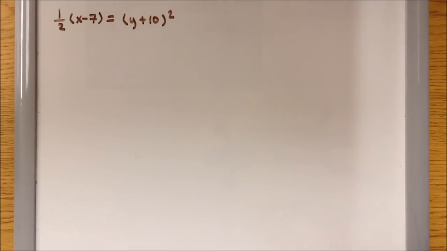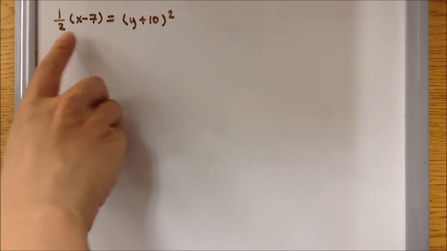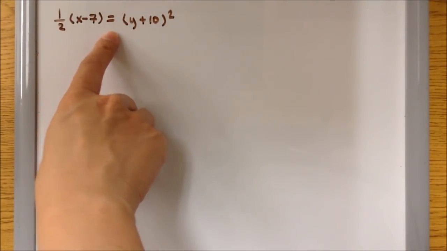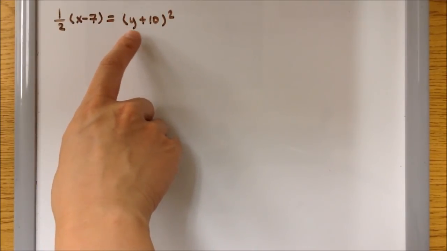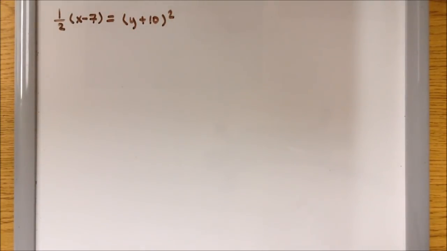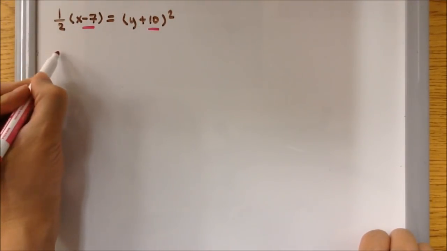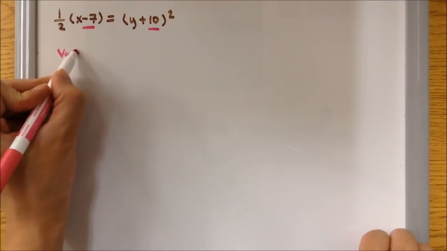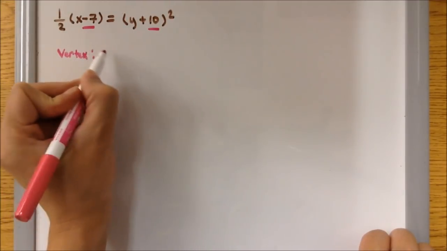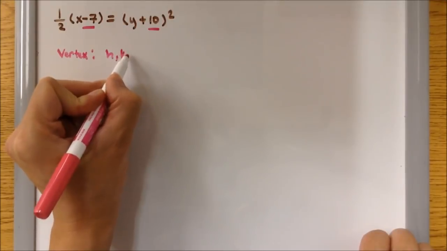In our third example, we have 1/2 times x minus h equal to the square of y plus 10. Alright, so we see that the square is on the y, so make sure you remember how to find the vertex, the focus, axis of symmetry, and the directrix. Alright, so the vertex is the same, which is h comma k.